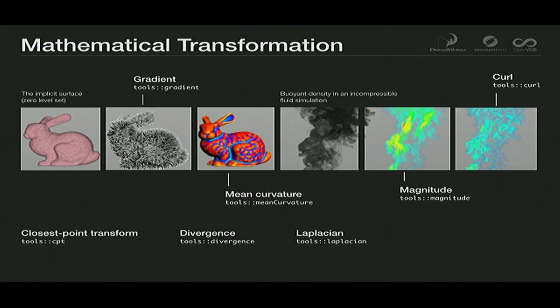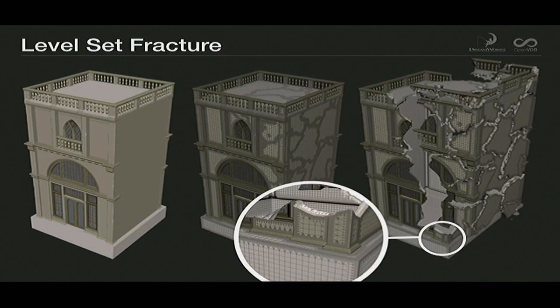We have what we call mathematical transformation. So we can produce gradient fields, mean curvature, Laplacians, magnitude, curls, all kinds of things. We've also used it for fracture. Fracture is surprisingly very difficult to do, especially when the model you have is not physical. So we take the models, convert them to a volume, and then we can do these things called CSG.